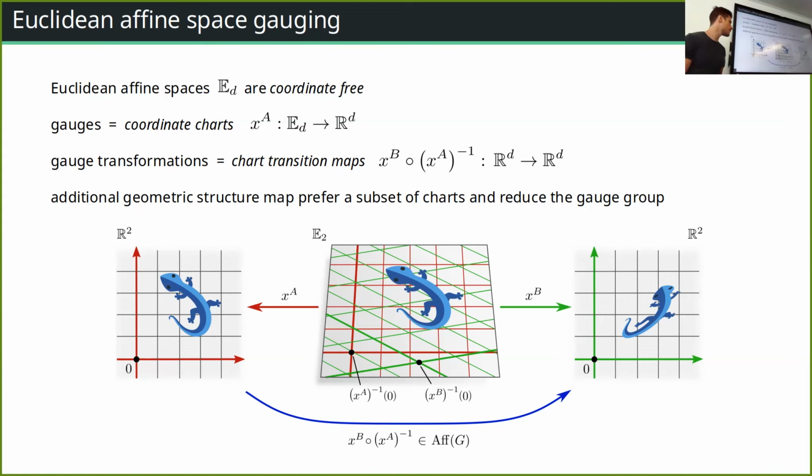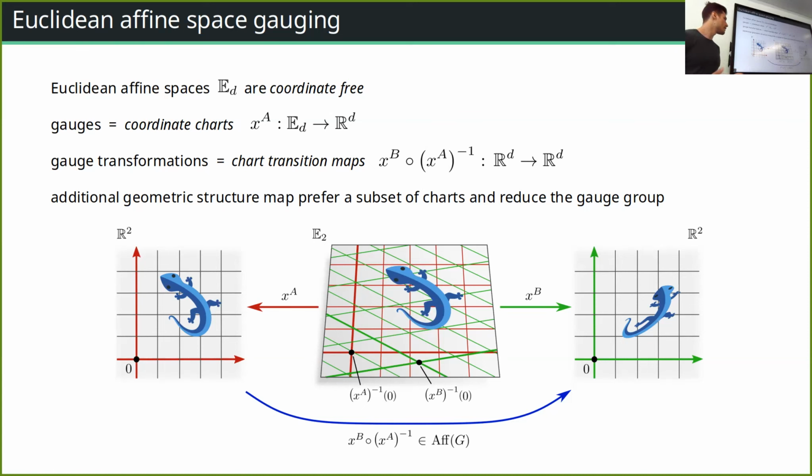So we get affine maps as charts, and affine groups as transformations between these charts. But often we also have a metric given, so we have a notion of distances and angles on our image. Then we can demand that these maps should preserve distances and angles. So we have isometries as charts, and then the chart transition will be the isometry group of a Euclidean space.